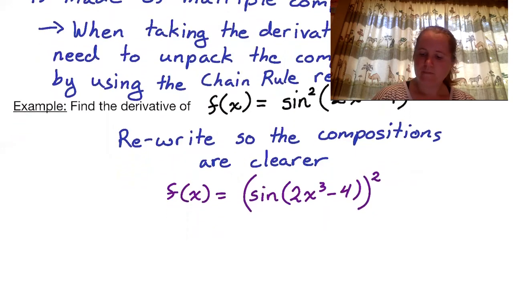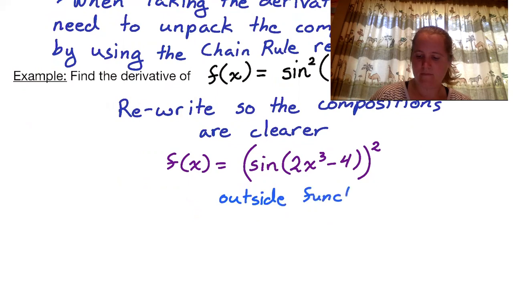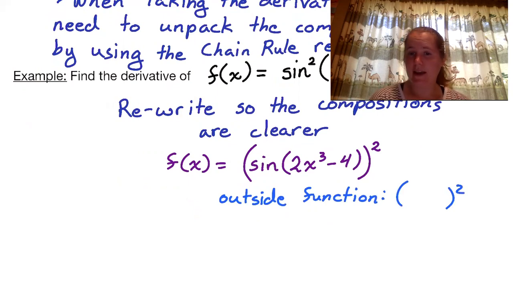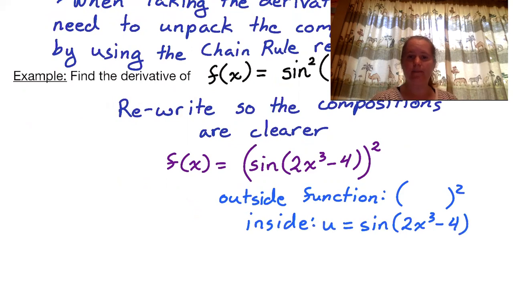So we have our very outside function of something squared. And then in relation to that outside function, that inside will be u equals sine of 2x cubed minus 4. So we'll start with that.